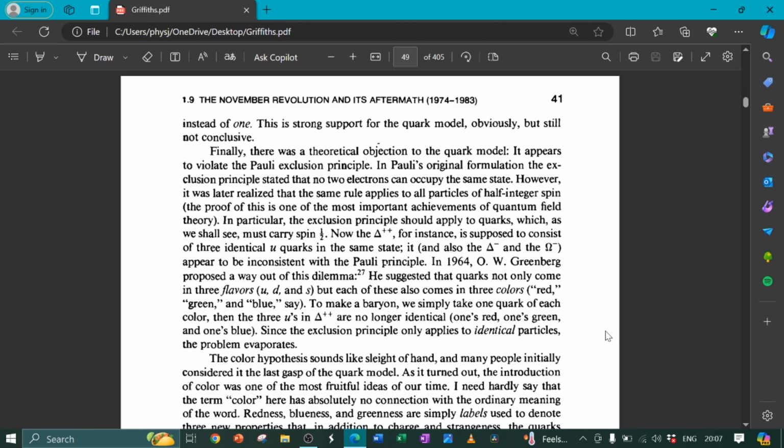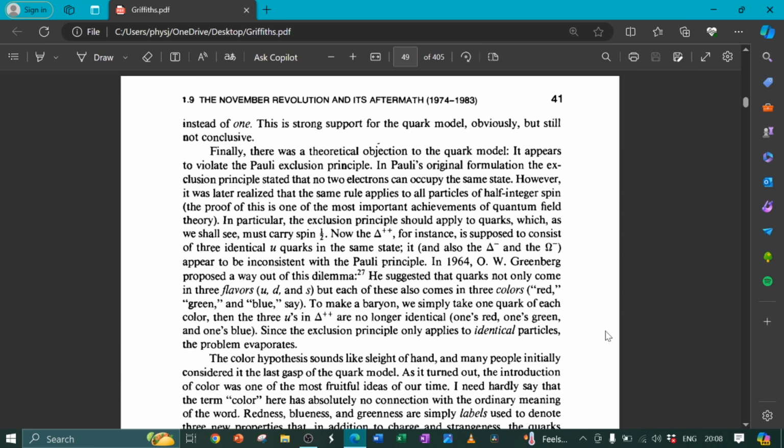In particular, the exclusion principle should apply to quarks, which, as we shall see, must carry spin half. Now, the delta++, for instance, is supposed to consist of 3 identical U quarks in the same state. And also the delta minus and the omega minus appeared to be inconsistent with the Pauli principle.